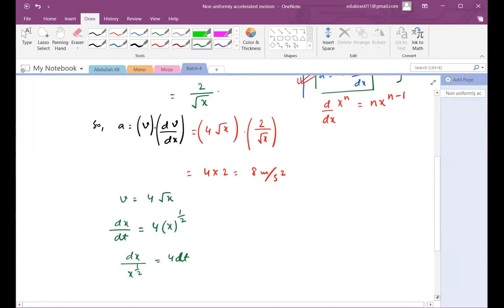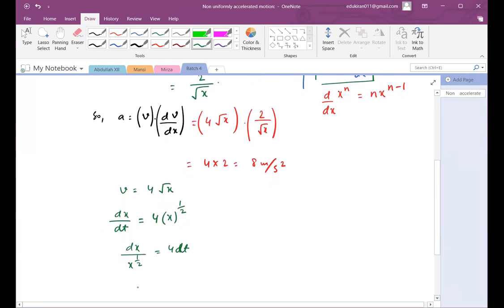For integration or differentiation, we have to take each term as an exponent in the numerator. So it will be x raised to minus half times dx equals 4 times dt. To get the whole part as x, you have to integrate this term as well as this term. I'm defining a formula.